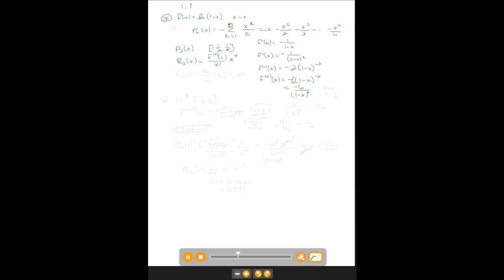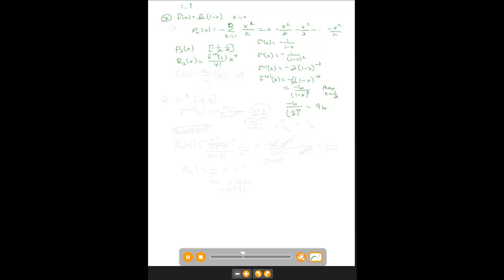I stick in 1/2, the denominator is 1/2. So I'm going to get a bigger answer out of x equals 1/2. Okay, so I need negative 6 over 1/2 to the 4th. Simplifying that, you get 96.